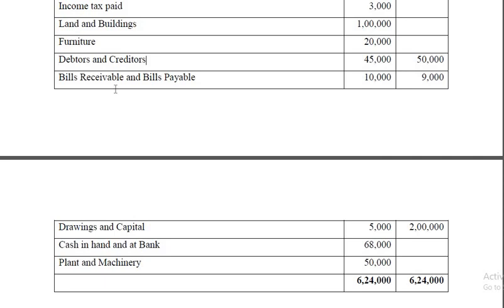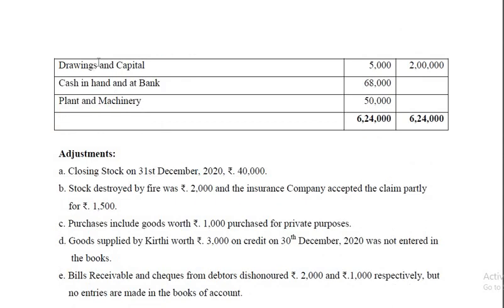Of course, adjustments are to be made to debtors, creditors, bills receivable. Whatever adjustments are given as additional information should be treated while finalizing the values of these items: debtors, bills receivable, creditors, etc. Drawings will be deducted from capital on the liability side. Capital is also an item of the liability side.